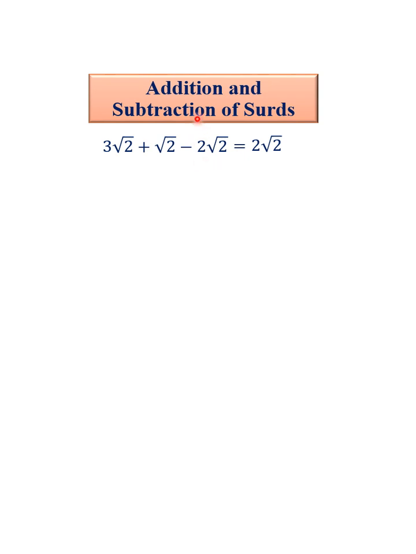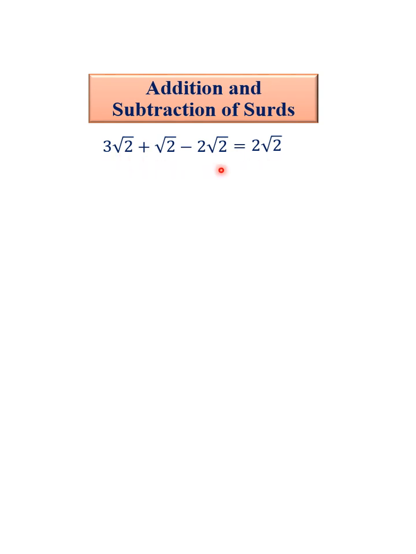Kindly note that addition and subtraction of surds only happens when the surds are similar. You cannot add dissimilar surds and you cannot subtract dissimilar surds. So we are able to add these surds because they are similar and the irrational parts are similar. So the answer is 2 root 2.